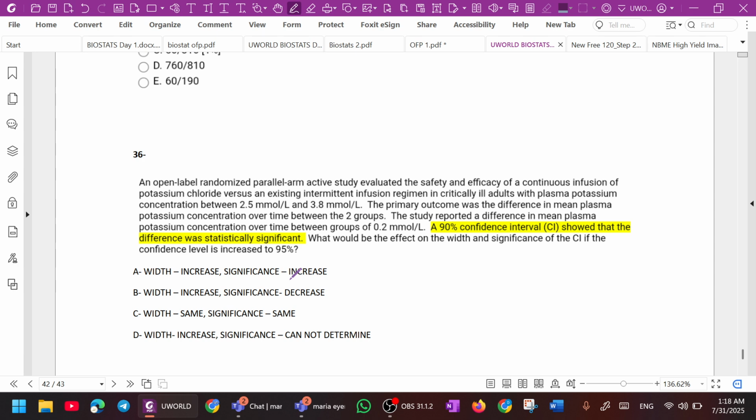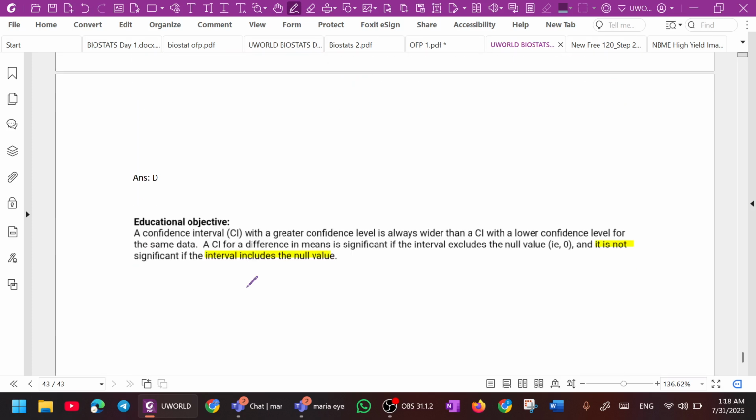We can read the educational objective. A confidence interval with a greater confidence level is always wider than a confidence interval with a lower confidence level for the same data. A confidence interval for a difference in means is significant if the interval excludes the null value, and it is not significant if the interval includes the null.